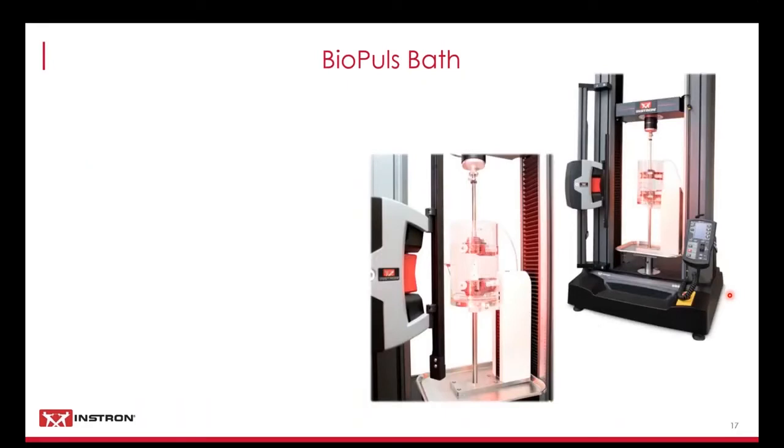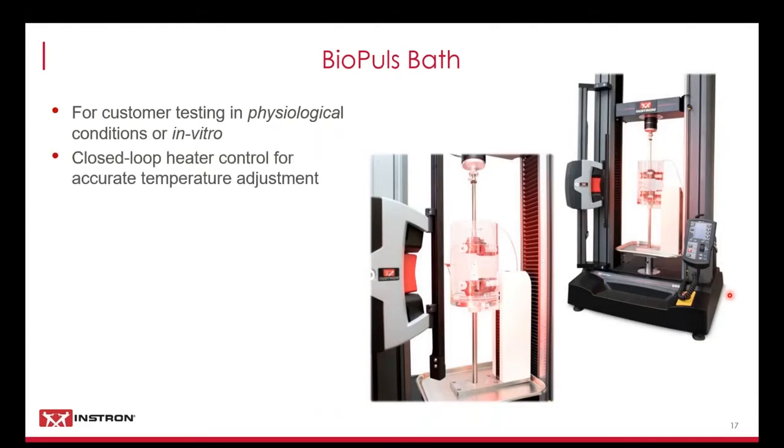Brings us to our BioPulse bath, as we mentioned for in vivo testing. So it's for customers testing physiological conditions, whether it's in a human body. There's a closed loop heater control for accurate temperature adjustment. It's set from the factory at 37 degrees Celsius.